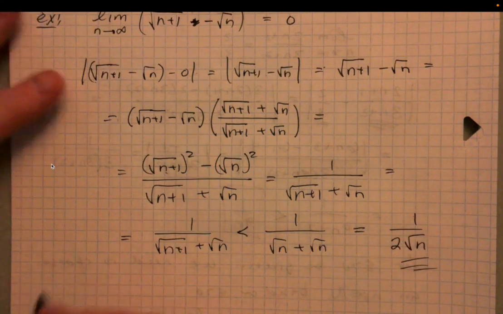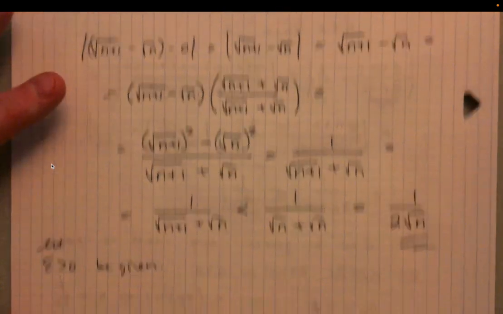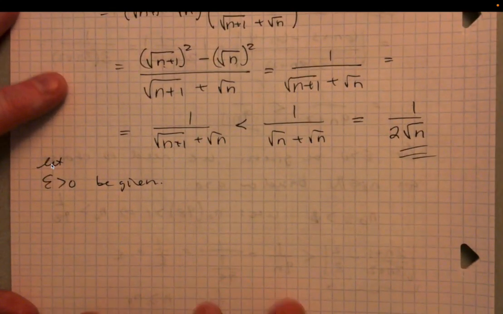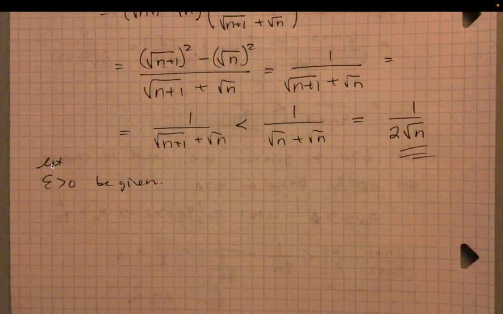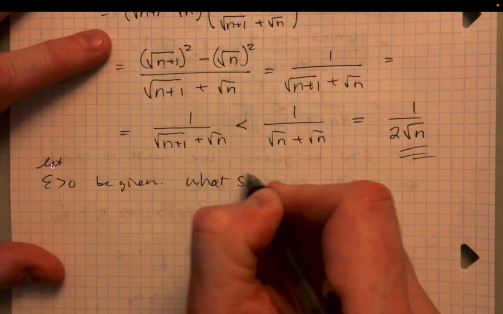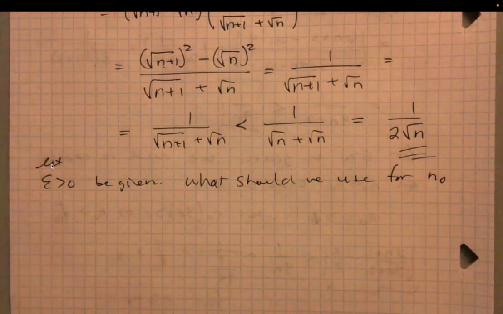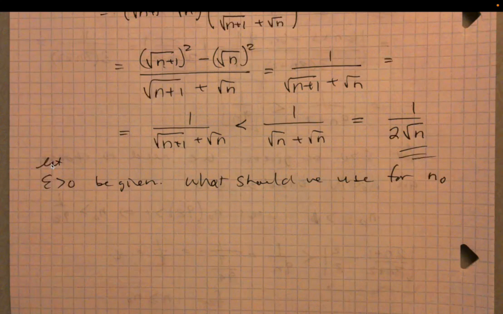Okay, so let epsilon greater than 0 be given. And we have to consider what n naught should be set to. We have to find a natural number such that whenever we're beyond that natural number, then we're inside the epsilon neighborhood of 0.